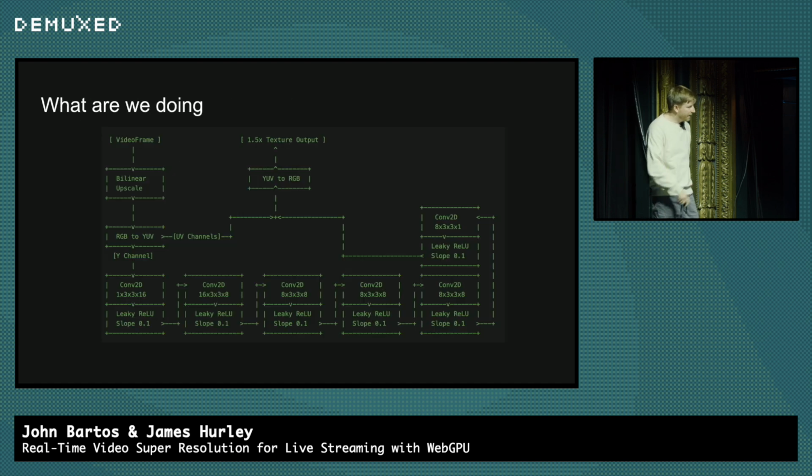So what are we doing here? Obviously we're trying to upscale the video and ideally getting a better result than what we would get out of, say, bicubic or Lanczos. But when we started this project, we were kind of ignorant, and we surveyed the landscape of super resolution models, and we largely found that they were either too slow, as in we weren't going to be able to meet our real-time needs, or they would only do integer scaling factors.